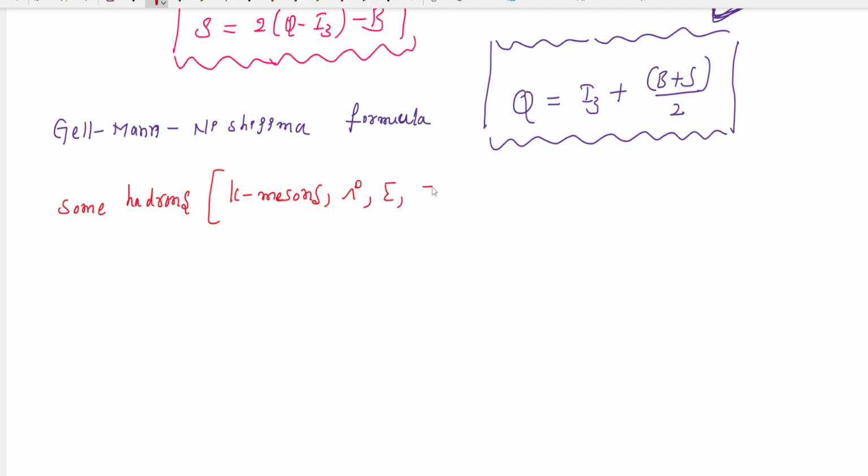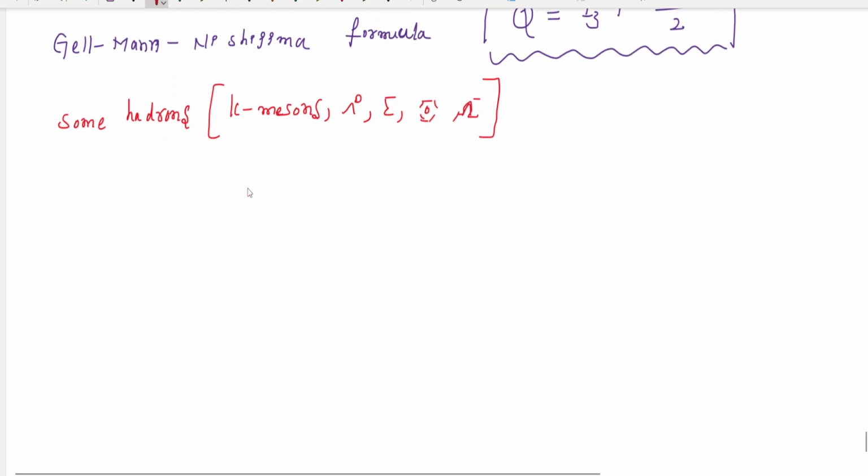So these are the groups: K mesons, the xi group, the lambda group, the omega group.